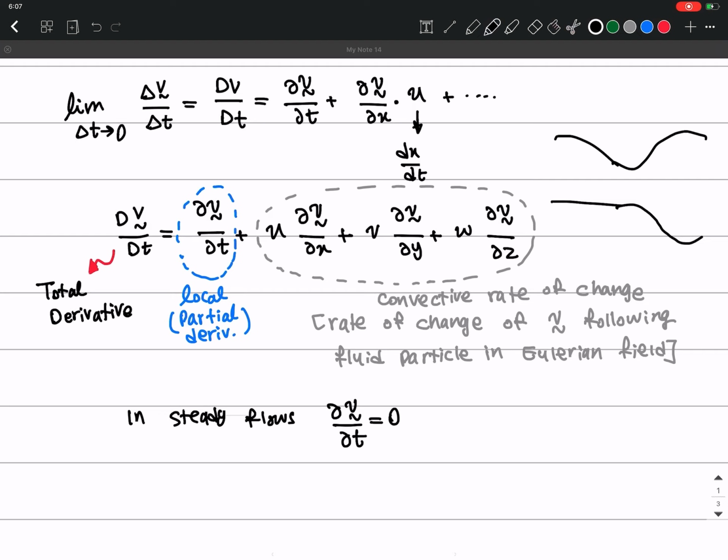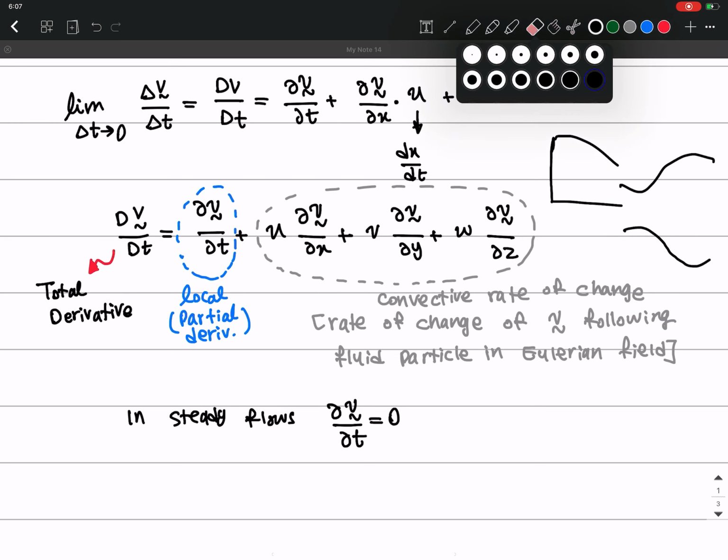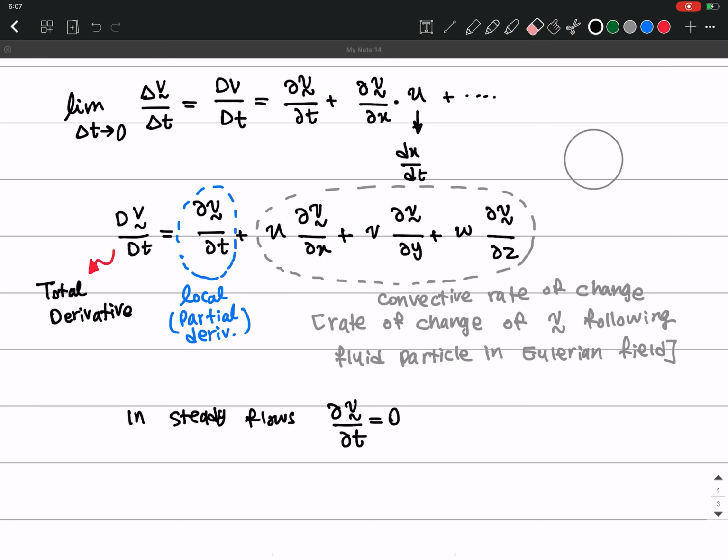Let me draw it here. So you might have a flow where you have an expansion here and a compression here.